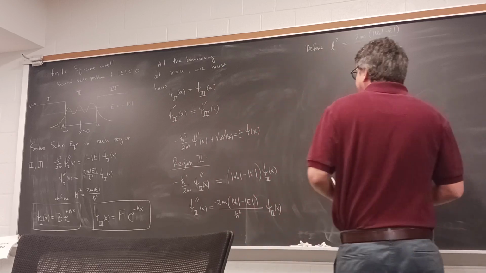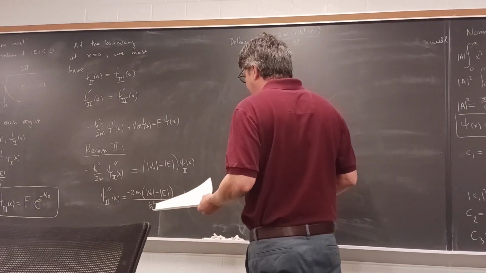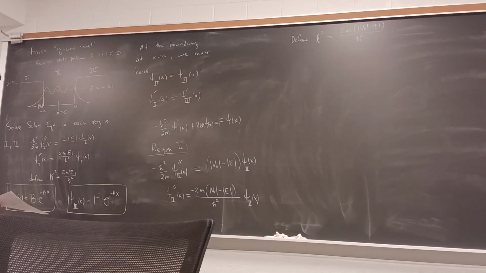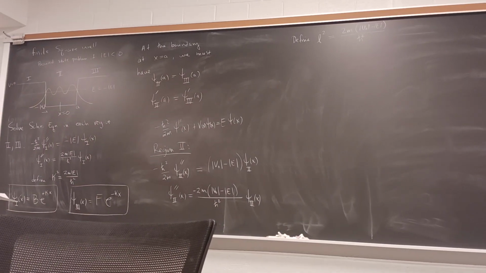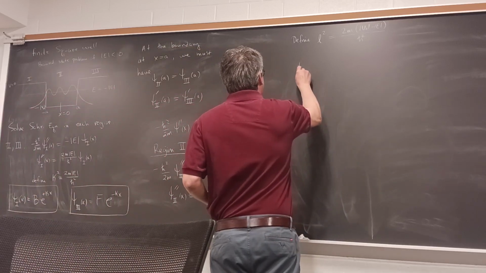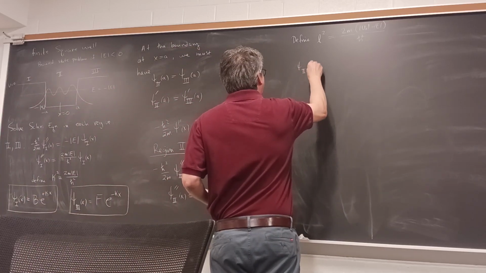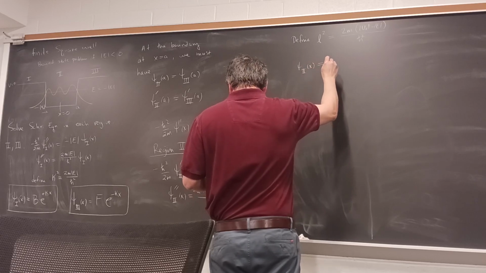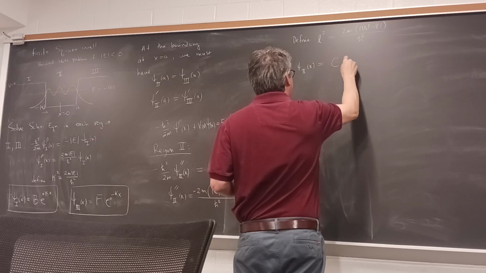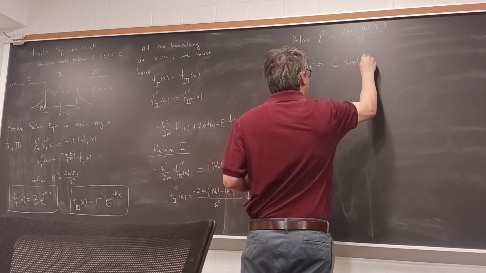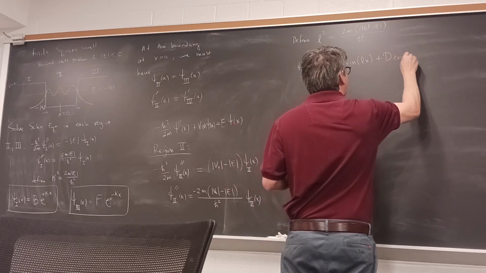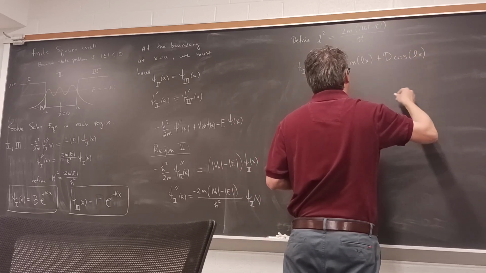All right. So what are the solutions to this? We know it's oscillating, so we know it's sines and cosines, and we can write down our solution. It's psi 2 of x, and we'll give it coefficients of C and D. So let's do C sine L times x plus D cosine L times x.